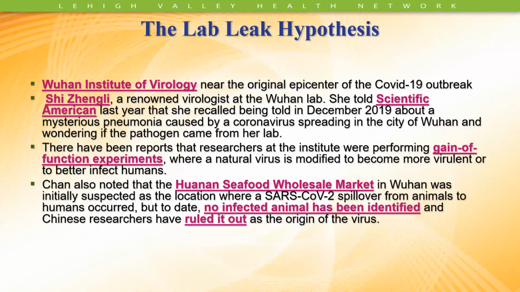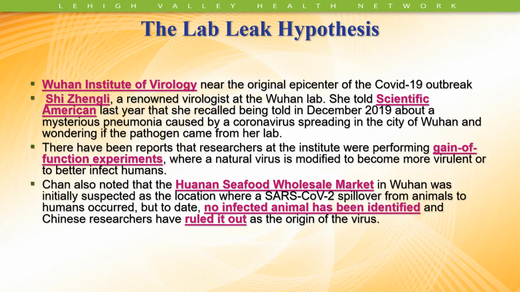One of the virologists at the Wuhan lab, Xing Ling, said that she was very concerned because she was afraid that this virus may have come from her lab. And there were reports that researchers at the institute were performing some gain of function experiments, where you take a natural virus like the SARS coronavirus and modify it to become more virulent or better to infect humans.